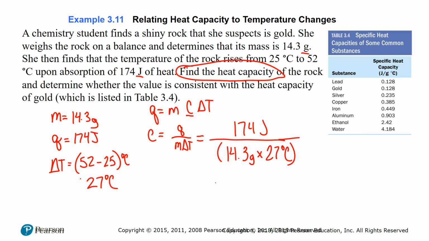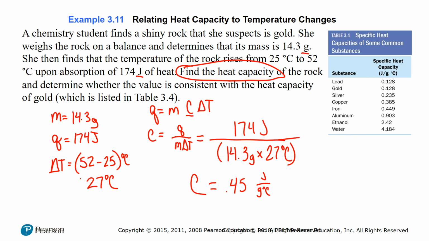So that means that our answer has to be in joules per gram degree Celsius this time. So we're making a compound unit. And when we do that, we're solving to 2 sig figs because 27 degrees is our smallest amount. So 0.45 is what I get.